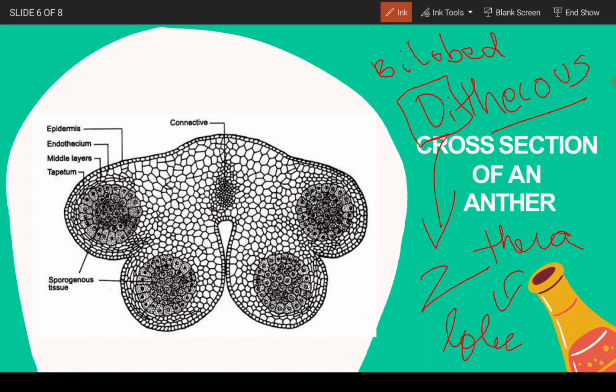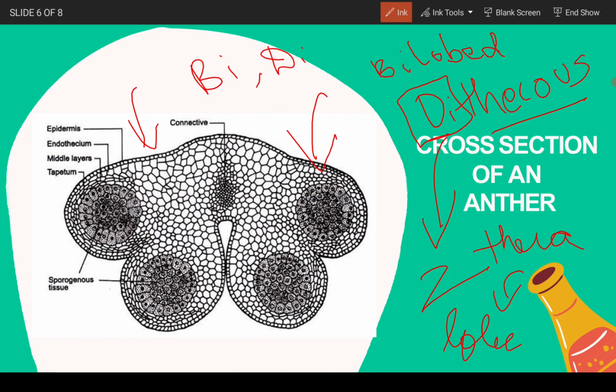Bilobed and dithecus are actually synonyms for the same thing. Both are stressing the same point. Theca is referred to as lobes. Since we have two lobes here, we say that the Anther is bilobed, and also dithecus.